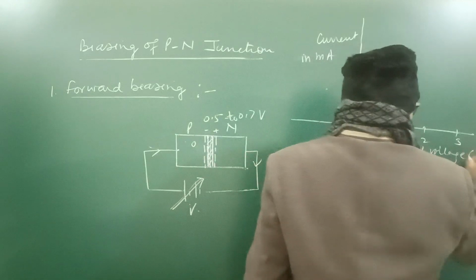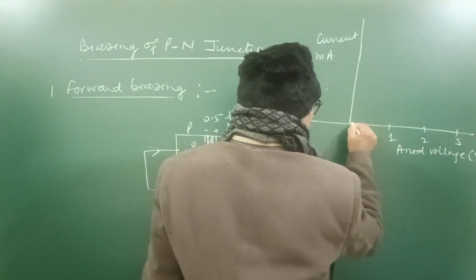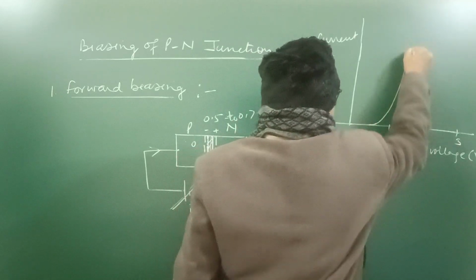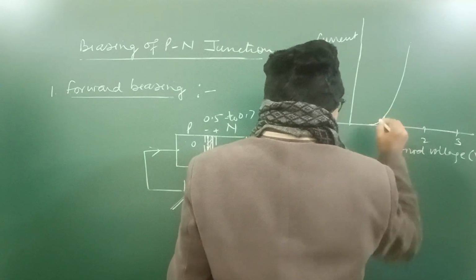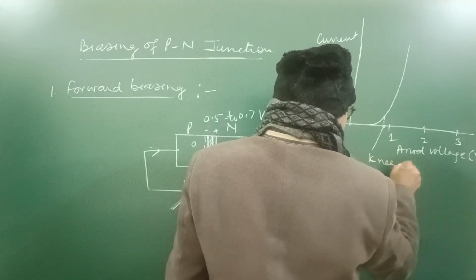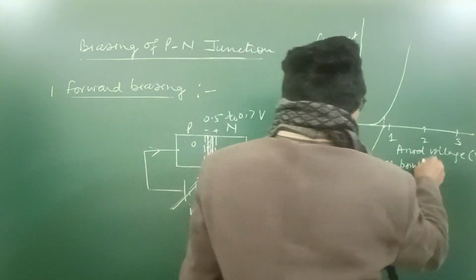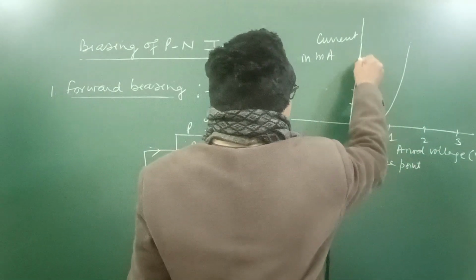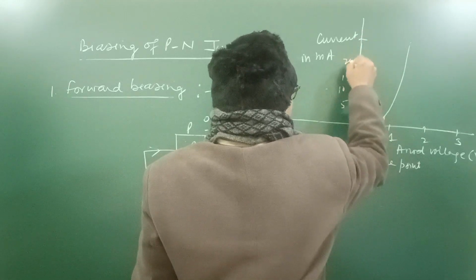It will be in volts only. So up to 0.6 volt the current remains 0, and then it starts increasing like this. Here, this is called the knee point. This voltage is called the knee point voltage. As the voltage becomes more than the knee point, current increases very rapidly: 5, 10, 15, 20 milliampere.